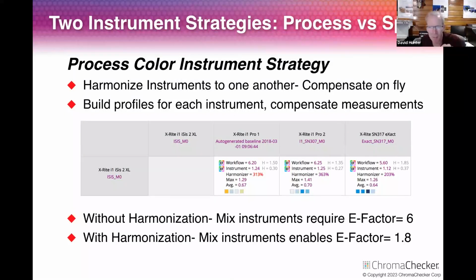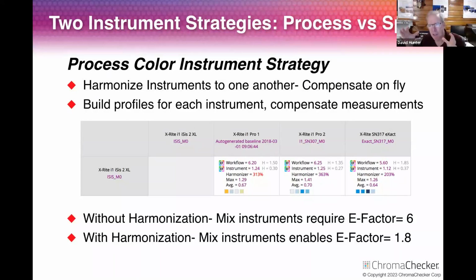It doesn't zero them out 100%. Nothing in the market does, but we can improve, as you see here in this example, between an ISIS and an I1, we're improving 313% by harmonizing. Between an ISIS and an I1 Pro 2, we're improving it by 363%. And an ISIS and Exact, we're 203%.